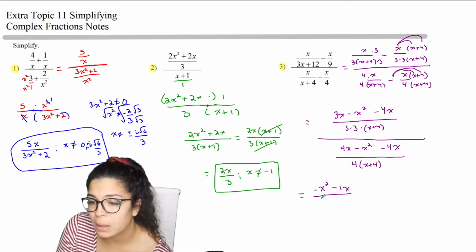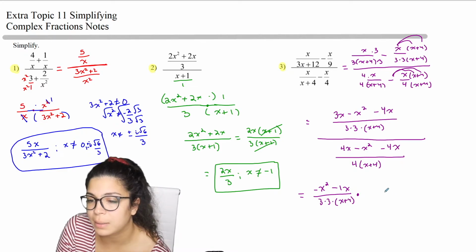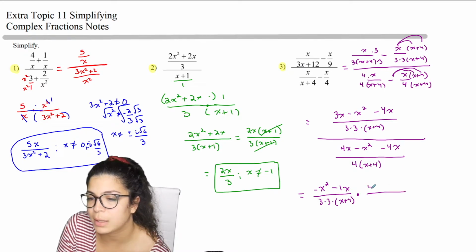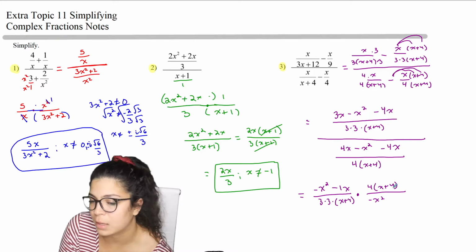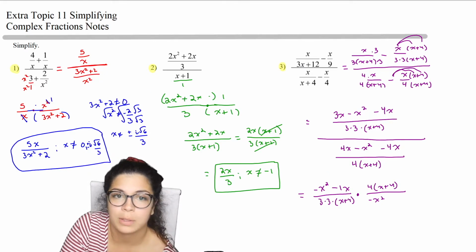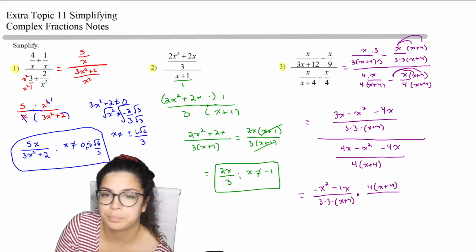And that's over the denominator of 3 times x plus 4. And then we are going to multiply the reciprocal of the denominator, which would be 4 times x plus 4 over negative x squared. And then 4x minus 4x actually cancels. So we can put that negative x squared kind of in the middle there, so it looks good.